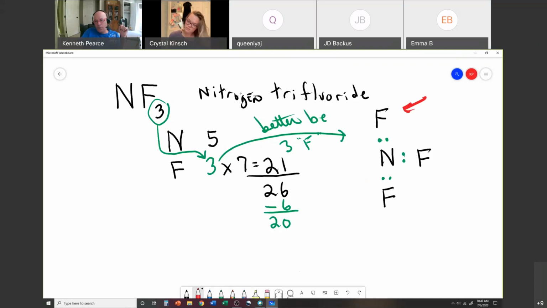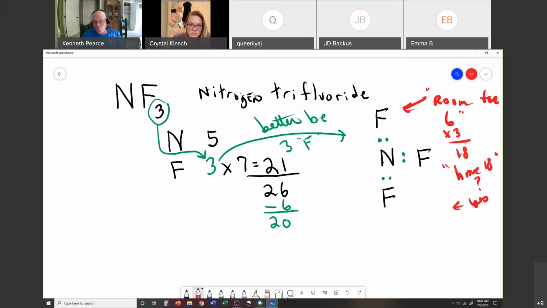We have room for 6, right? Room for 6 on each one because we go up to a maximum of 8, except for hydrogen, which was happy with 2, and boron, which is happy with 6, right? We have room for 6. There's 3 of them, so 6 times 3 is 18. Do we have 18? At least. And the answer is yes.